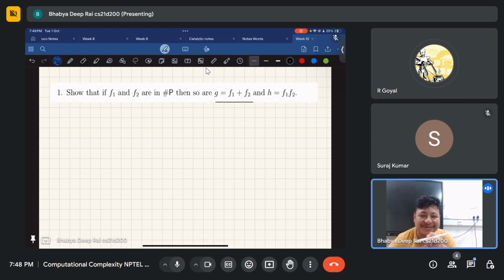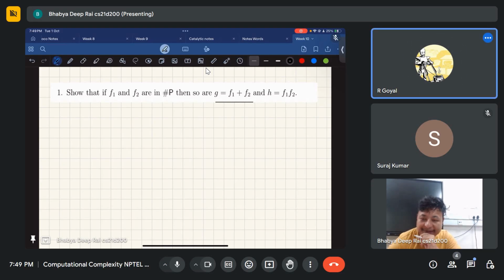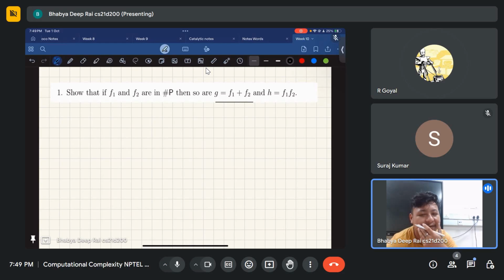Now the number of accepting paths should be the sum of the two original numbers of accepting paths. G is the addition of the functions only. G is still a function, right? G of x is defined as f1 of x plus f2 of x.